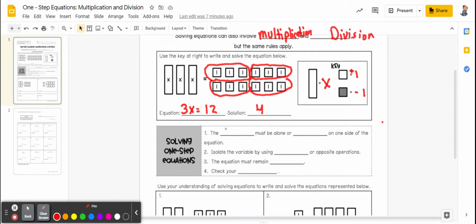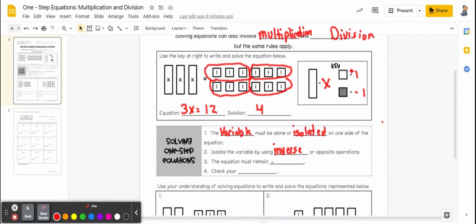Okay, our steps just like before, same thing with addition and subtraction: the variable must be alone, or we said isolated. It's like we're working with the scale again. It must be isolated on one side of the equation. Isolate the variable by using inverse, or opposite, operations.